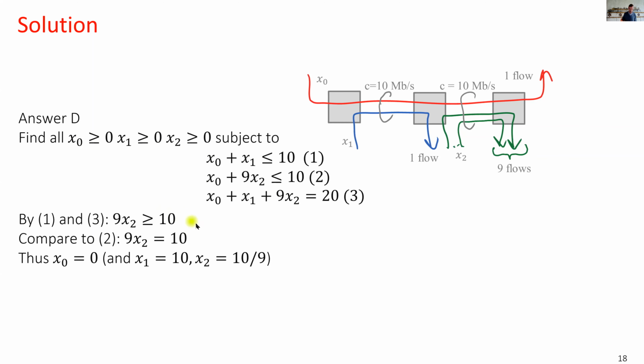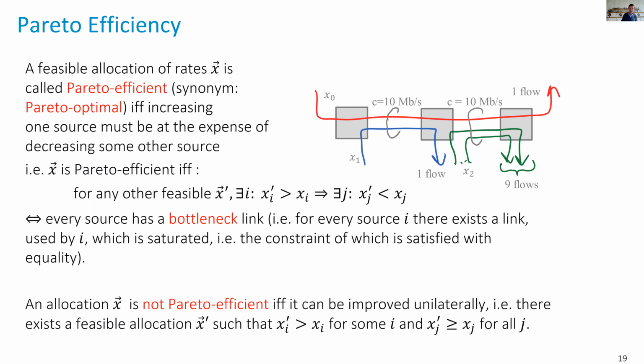Then by looking at the various constraints we have here, we see that this inequality must be an equality, and therefore x0 must be 0. So the only way we can reach the maximum throughput of this network is by shutting down the red flow here. Well, this is our first take-home message.